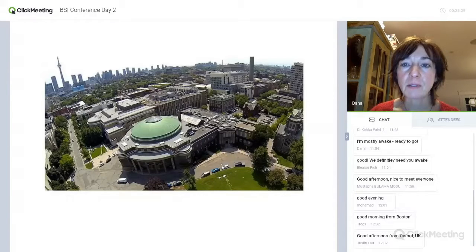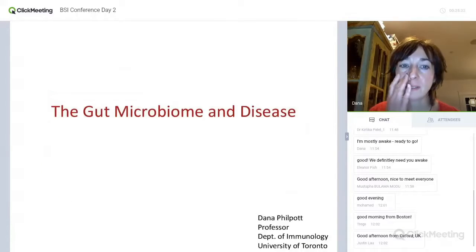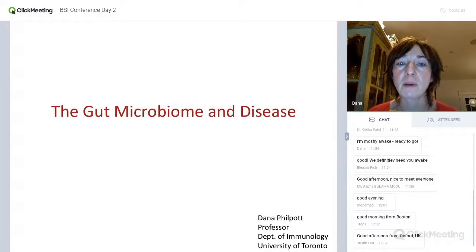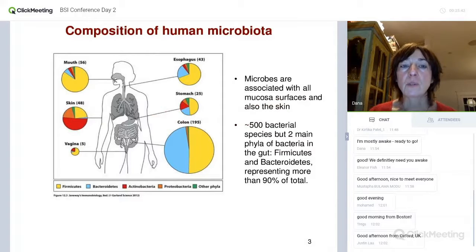So I'm going to talk today about how the gut microbiome affects disease, in particular the disease that we study, which is inflammatory bowel disease. So microbiota are associated with all mucosal surfaces and the skin, and it's really the environment in which they are living which dictates the type of microbes that are associated with these surfaces.